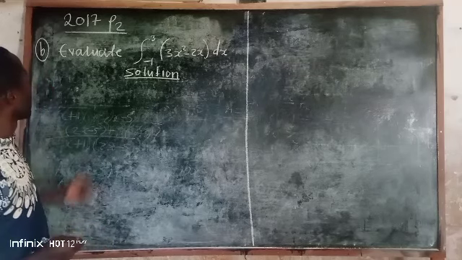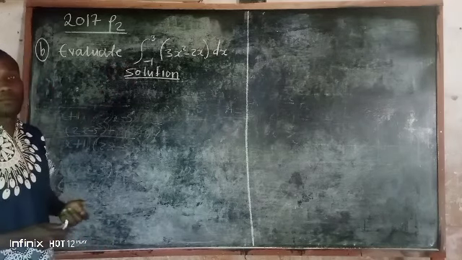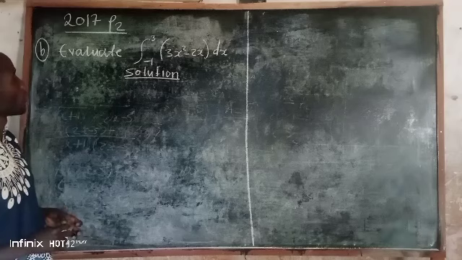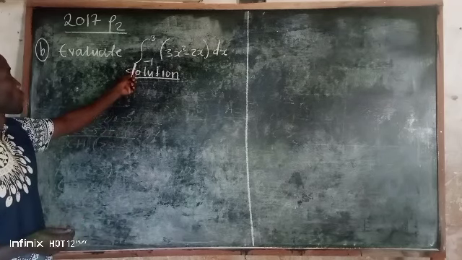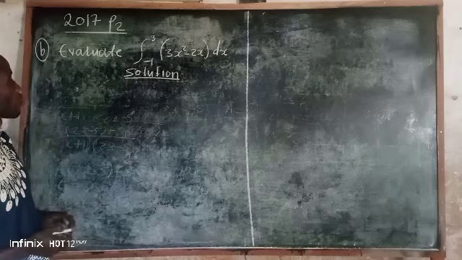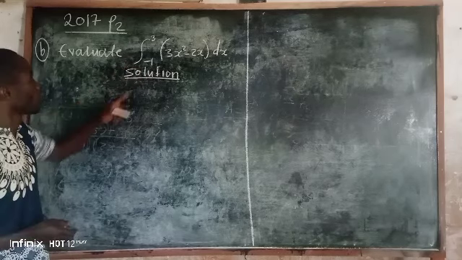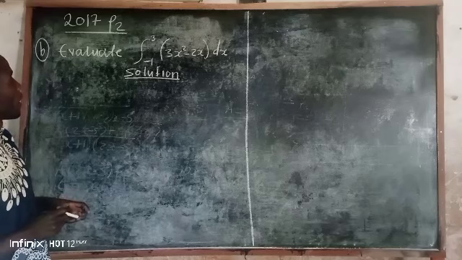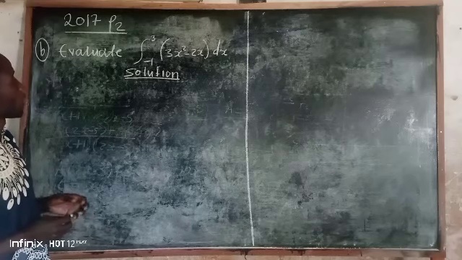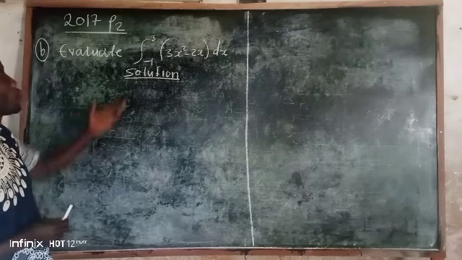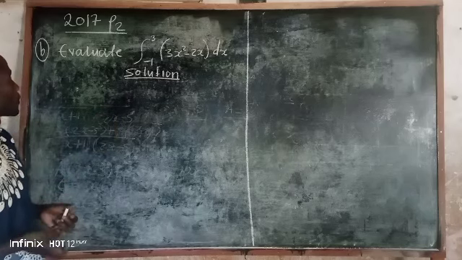Once you see this symbol, just know that you have to integrate the given expression, because this symbol symbolizes integration. No wonder it is called an integral. So now let us integrate that one and use the limits that you are given.